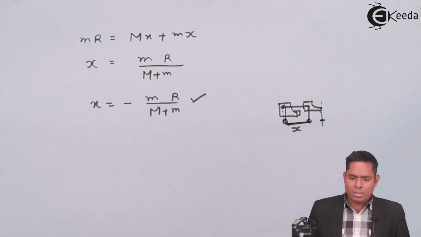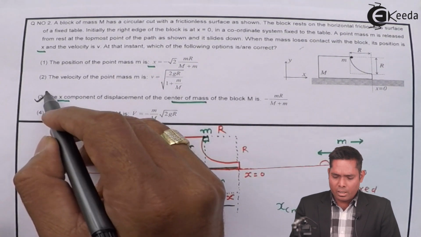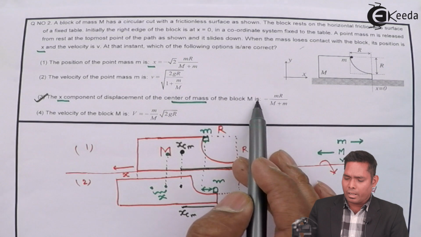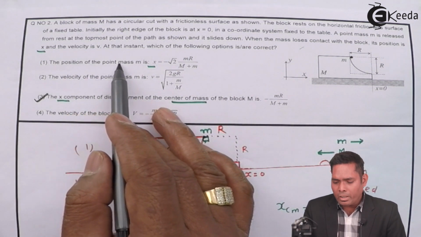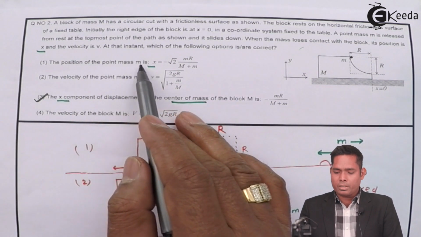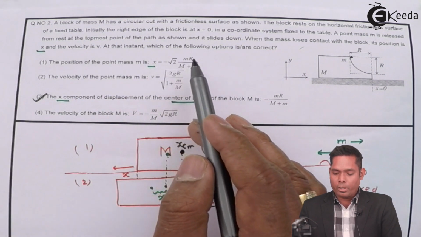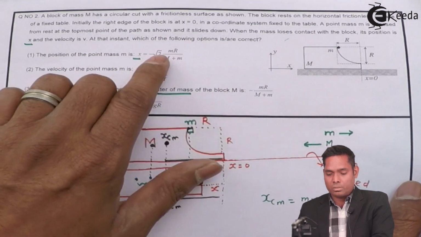This is correct. So if I see option number 3, then it is correct. The x component of displacement of center of mass of block M is this. The position of the point mass m is x. X comes out to be this, not this one.